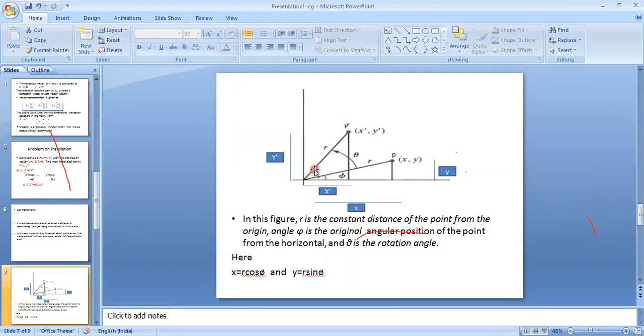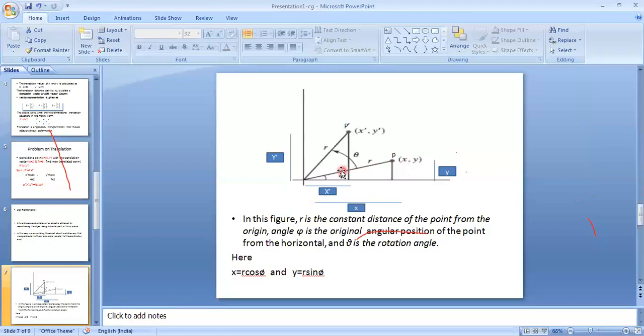So consider this angle as theta and this angle as phi. In this figure, r is the constant distance of the point from the origin. That is why this is not translation, this is rotation. Angle phi is the original angular position of the point from the horizontal.